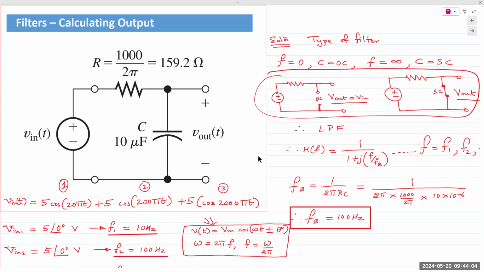We are given a circuit. Now, obviously, we know what kind of circuit this is, but if we didn't, then we would perform the analysis using our table, and we would determine what kind of filter it is first. We studied 4 filters so far: RC and RL, high pass and low pass, using both RC and RL.